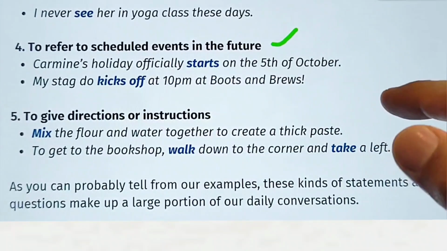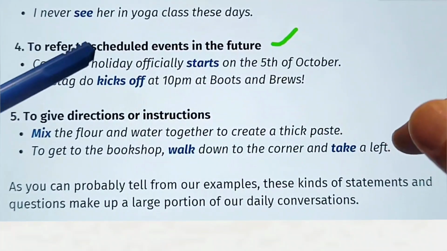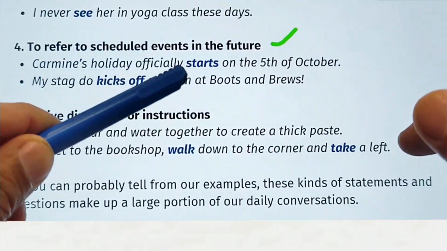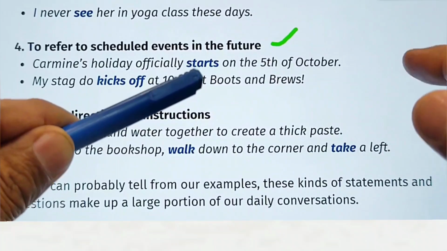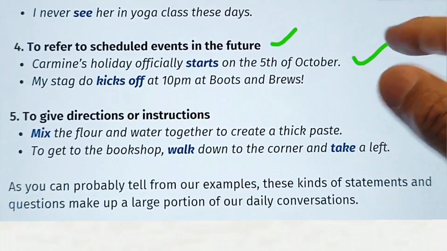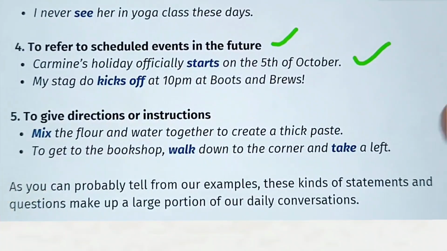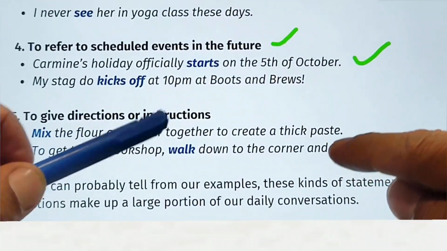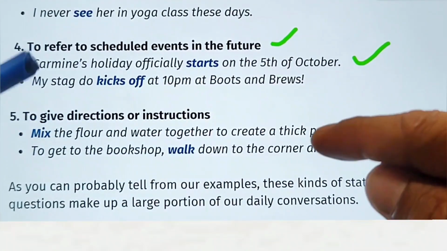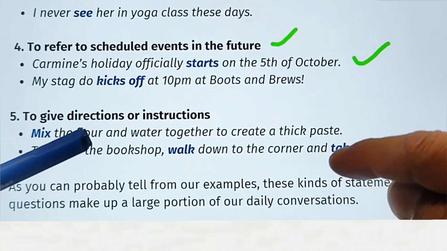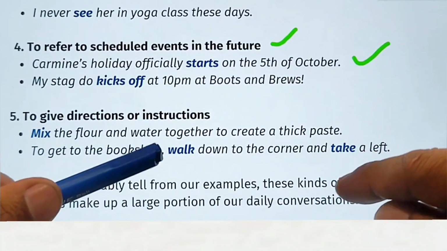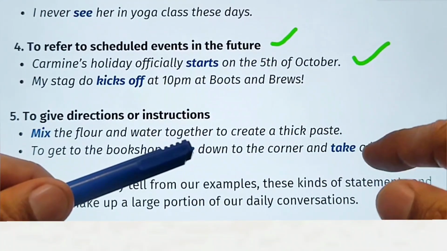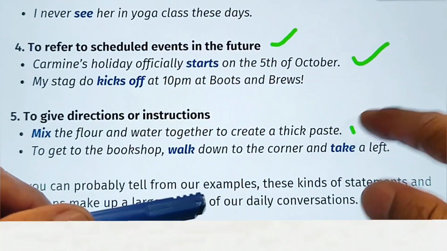For example here: Carmine's holiday officially starts on the 5th of October. And we use present simple tense to give directions or instructions. For example: mix the flour and water together to create a thick paste.